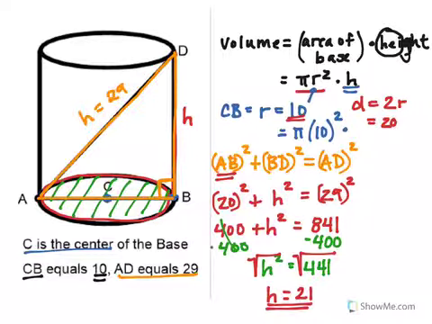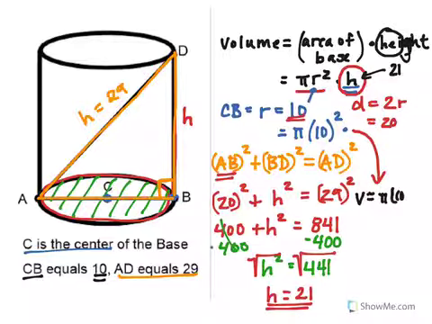This is an example of a Pythagorean triple. And I would plug that in to this last piece here. Starting to get a little bit messy here, we'll bring this down. So my volume is going to be equal to pi times 10 squared, which is 100, and then we plug in 21 for h.